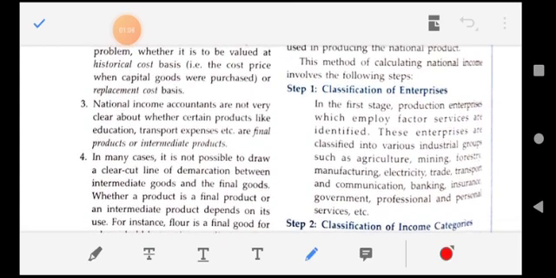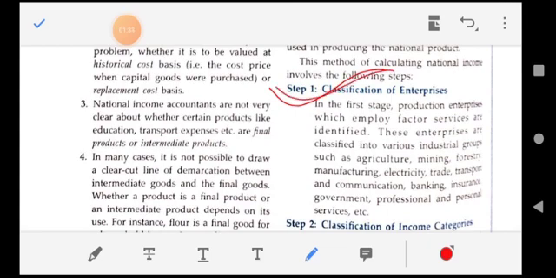Step first, classification of enterprises. Second, classification of income categories. Third, estimation of domestic factor income. And last, estimation of net factor income from abroad, NFIA. Let's understand one by one.